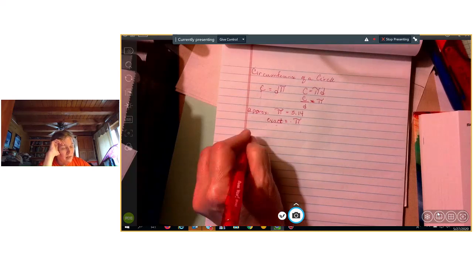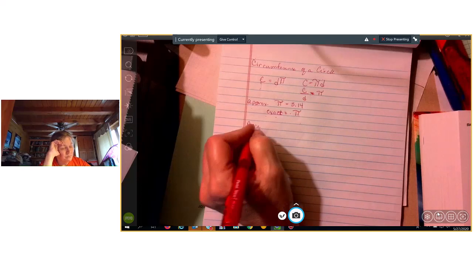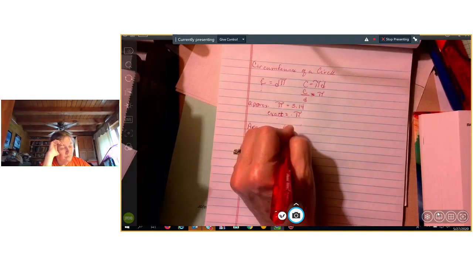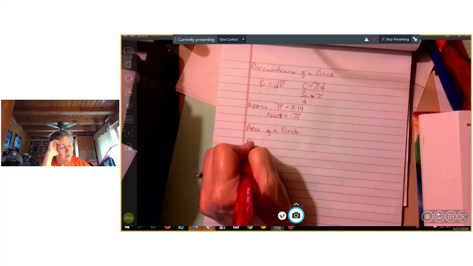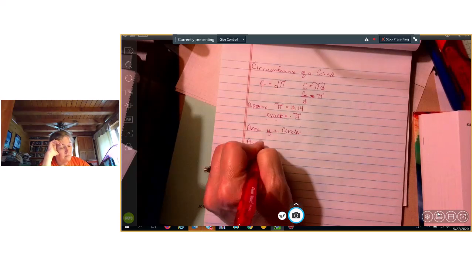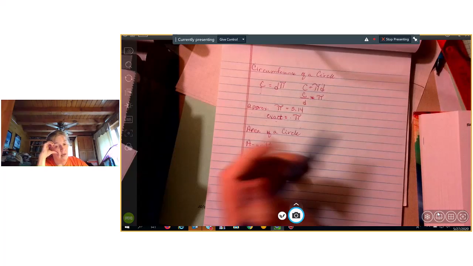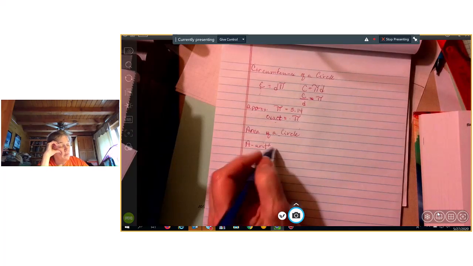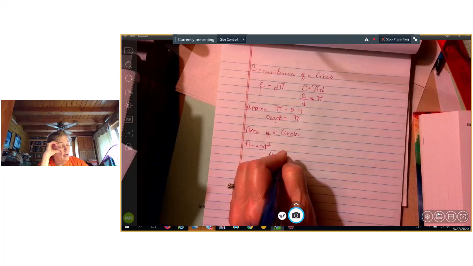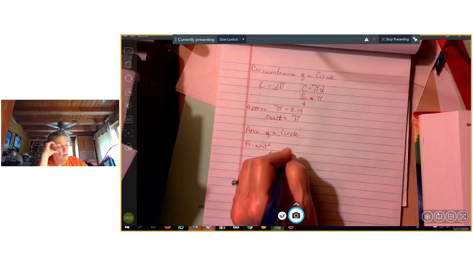So then when we're looking at the area of a circle, I know the area is always going to be units squared. And because of that, I know that I've got to multiply something. So this is going to be area equals pi r squared.